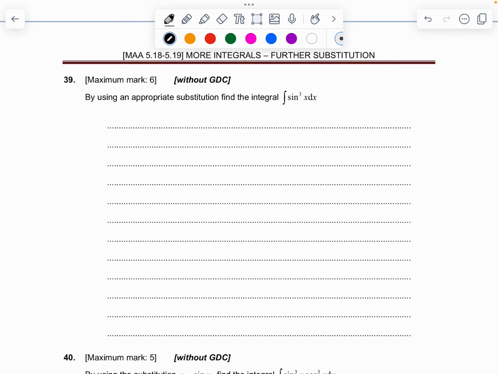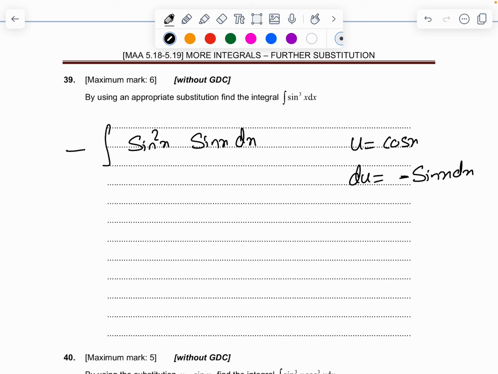Next, integral of sine cube x. So let u equal cos x. So du equals minus sin x dx. Sine cube x can be written as sine square x times sin x dx. But the minus is missing, so minus over here and minus over here.